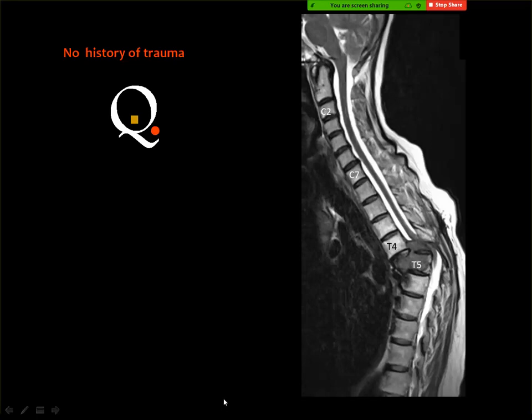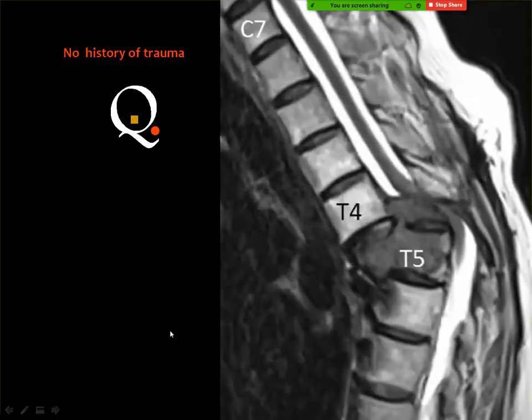Next case. Spondylolysis and spinal cord compression. T4, T5. Yes, there is no history of trauma. So it is metastasis. Yes, and once more I emphasize this point. If you look carefully here, you see an abnormal soft tissue surrounding the site of spondylolysis.